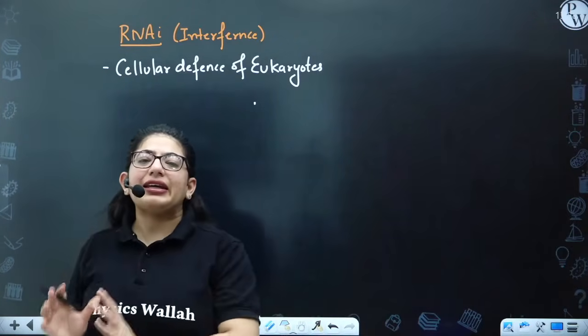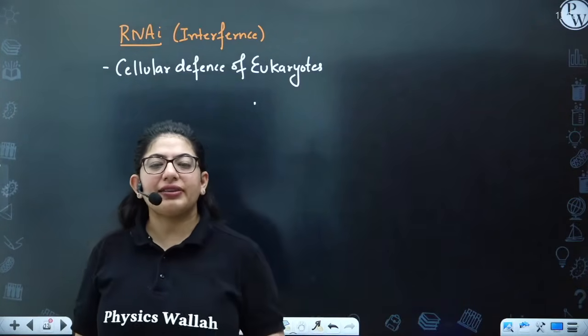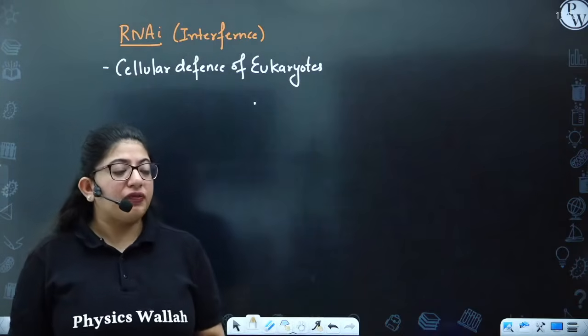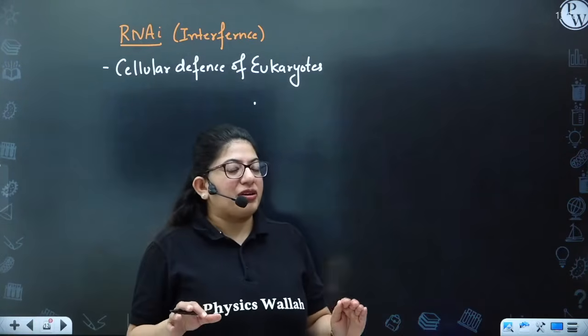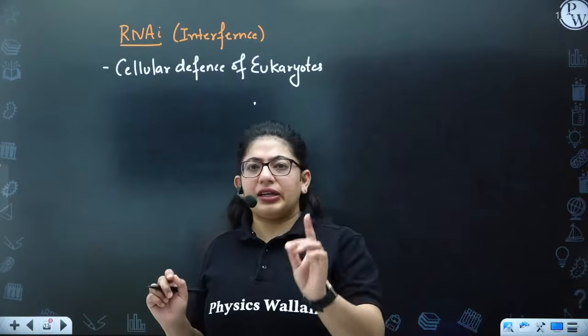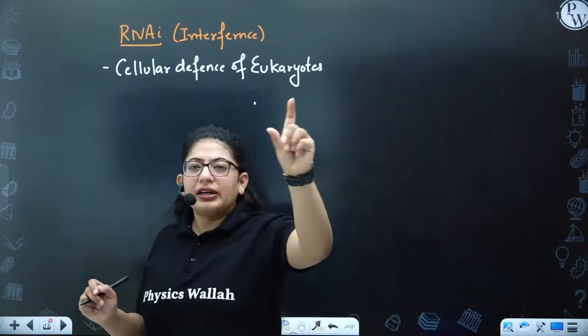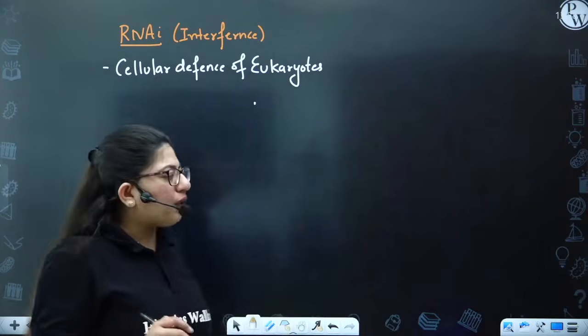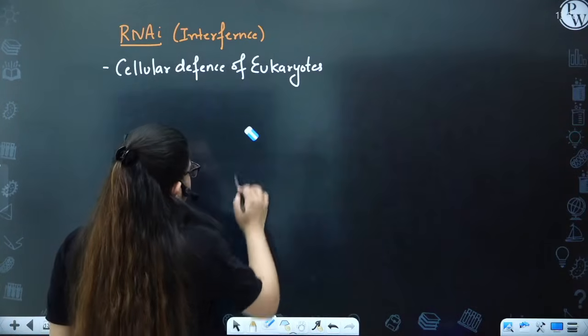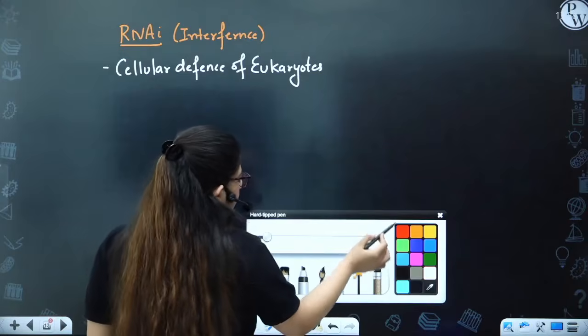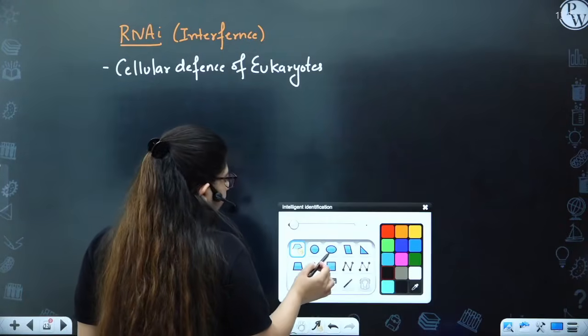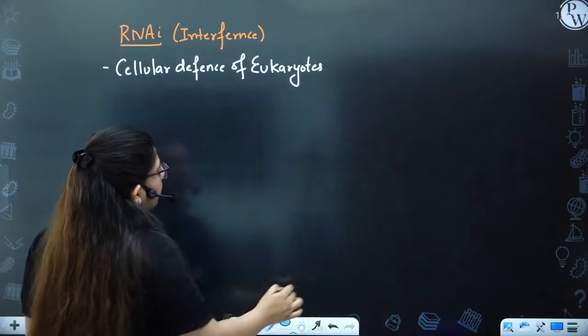This technique is against one thing in your cell, that's double-stranded RNA. We like double-stranded DNA, but we don't want double-stranded RNA. Our RNA is always single-stranded, if you have read, right? Now, what if mistakenly or by viral attack, double-stranded RNA is formed?